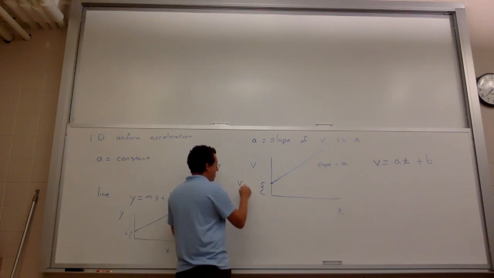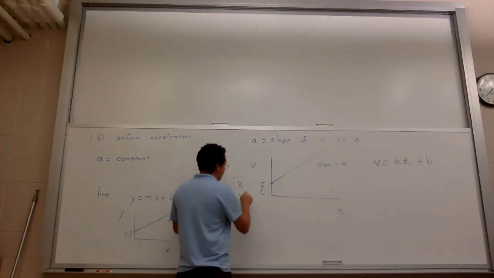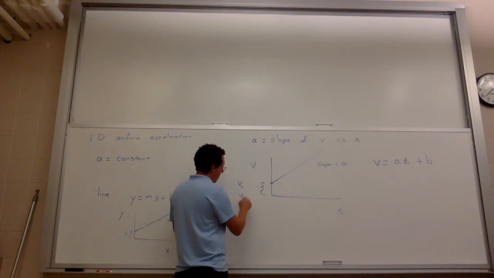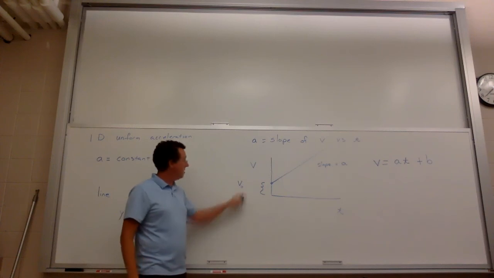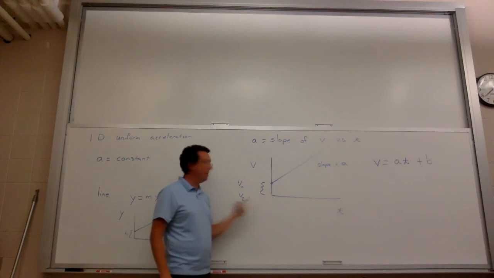Sometimes you put a subscript 0 for 0 time. Sometimes, in many physics books, they put an I there. Subscript I for initial. That would be the height of the velocity-time graph when time is 0.